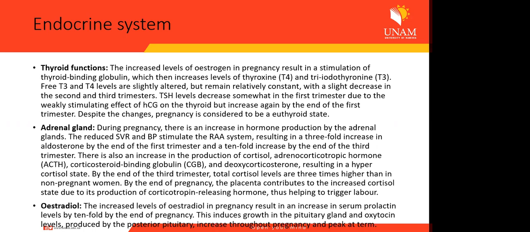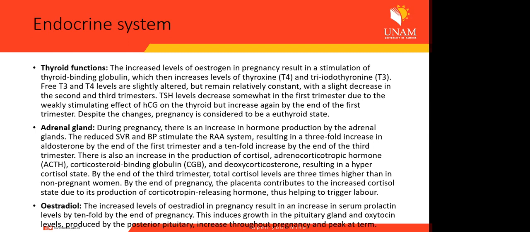At the end of the third trimester, the total cortisol levels are said to be 3 times higher than in a non-pregnant woman. By the end of pregnancy, the placenta also contributes to the increased cortisol state due to its production. And all of this helps to trigger labor at term.